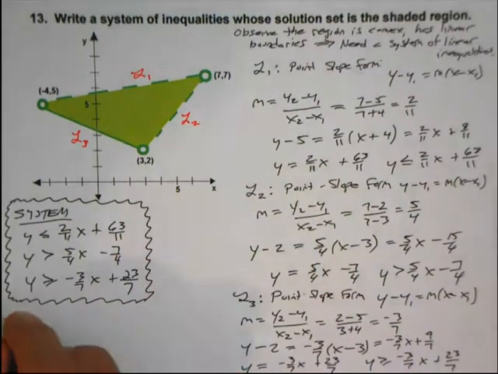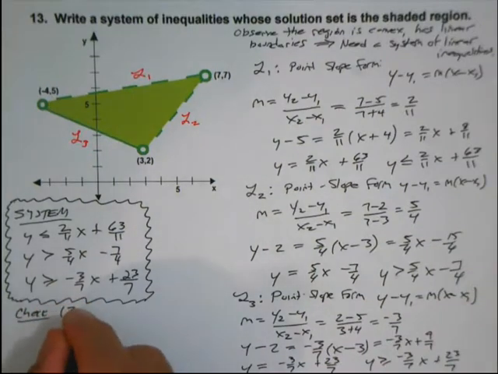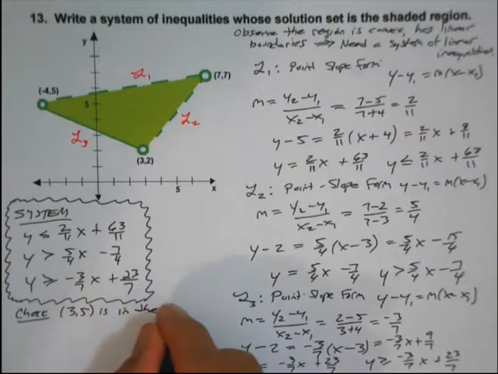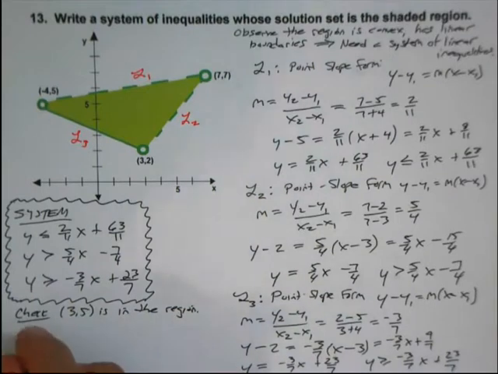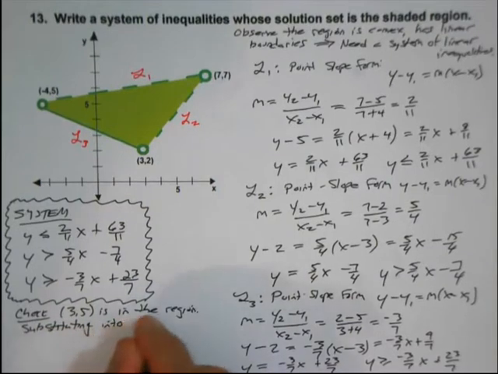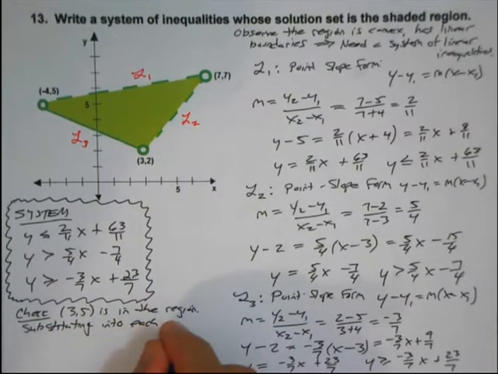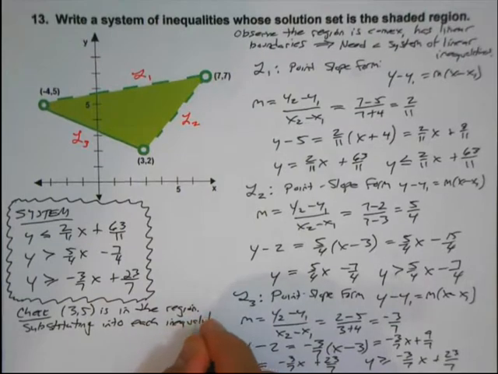So here goes our check. We're saying that (3, 5) is in the region, so it's a solution. Substituting into each inequality, here's what we would get.